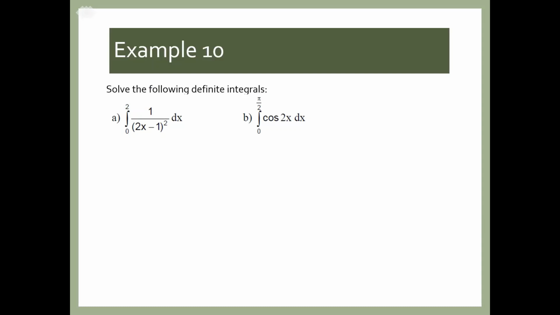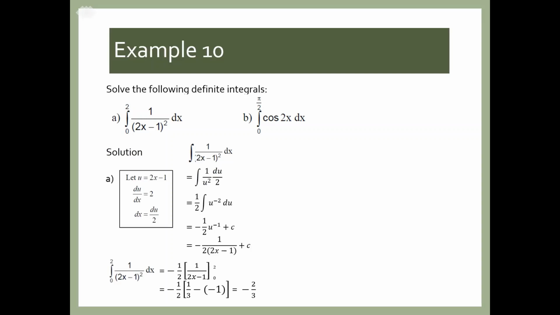Next, refer to example 10. Solve the following definite integrals. For a, by letting u equal to 2x minus 1 and differentiating, you will get du over dx equal to 2. Substitute this into the original integral and simplify, you will obtain 1 over 2 integrate u to the power of negative 2.